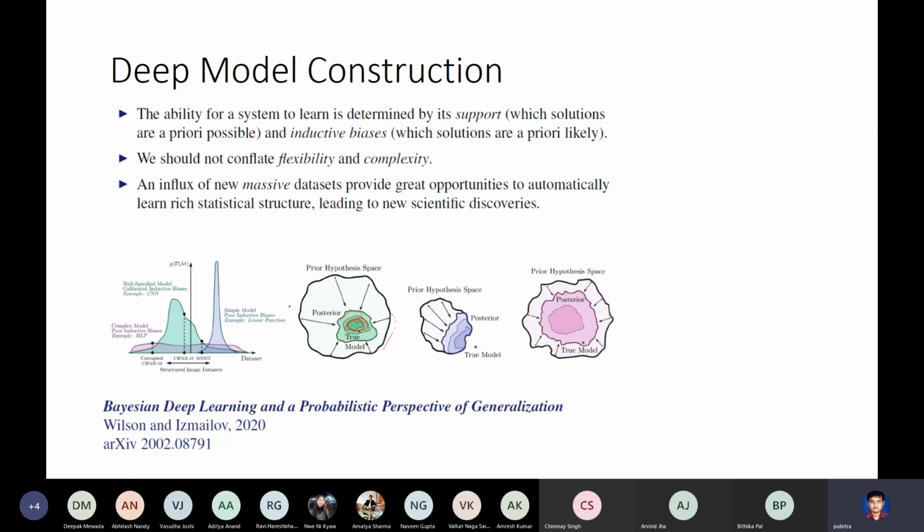Whereas with the linear model, you get a small support, and maybe your true model is something here, outside your support. So even though you converge first, you cannot really realize the true model.